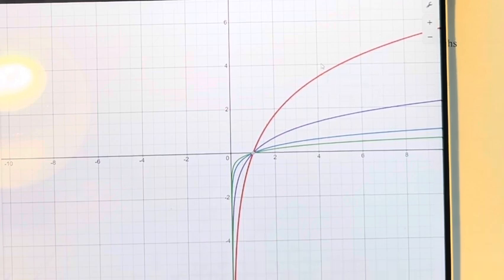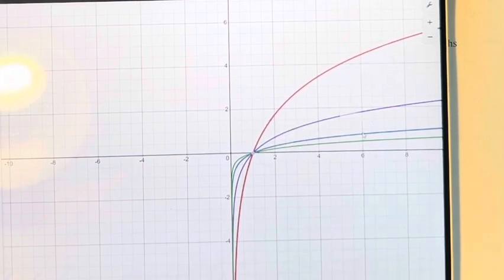Log base e of 1.5, since 1.5 is less than e, is actually a fraction. It's less than 1. So if you're dividing by less than 1, that means you're multiplying by a number greater than 1. Therefore, this isn't actually a shrink in this case, it's a stretch to this function right here.